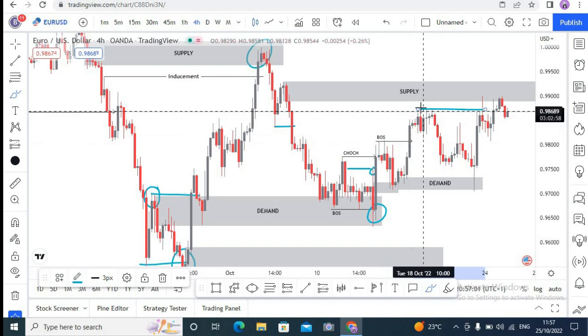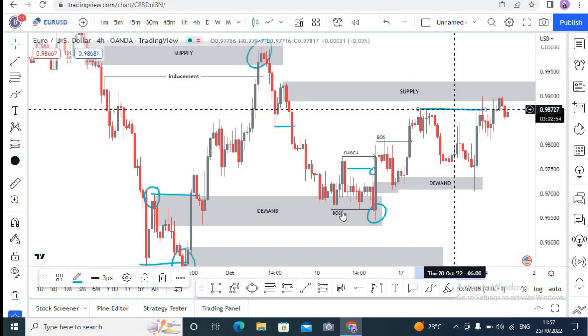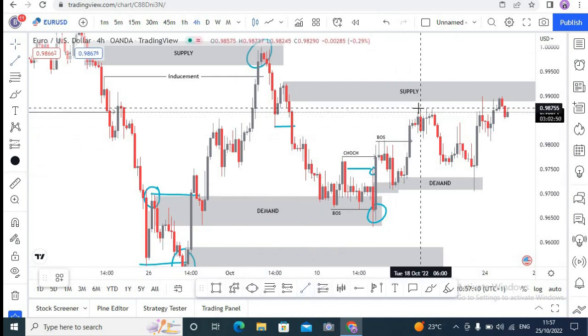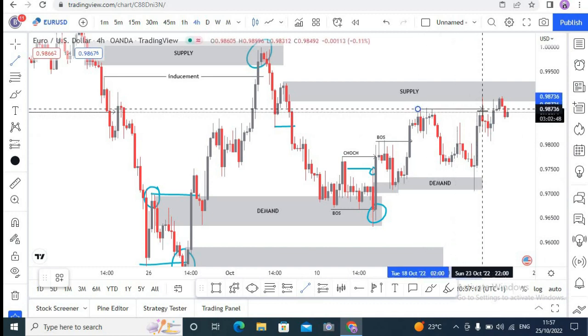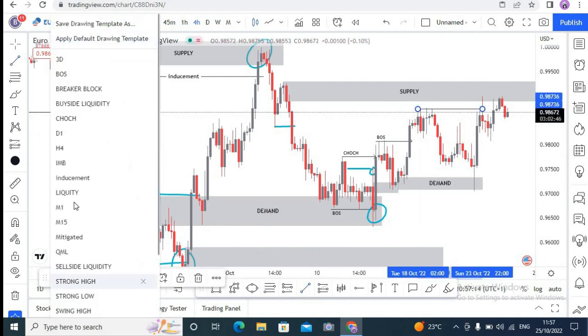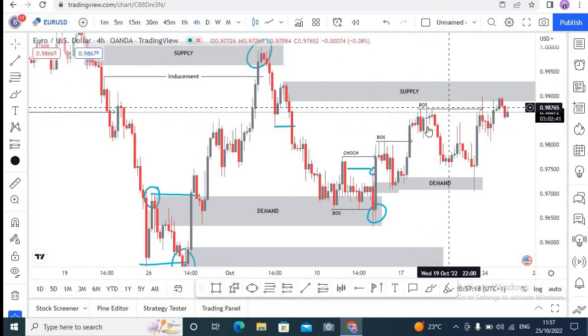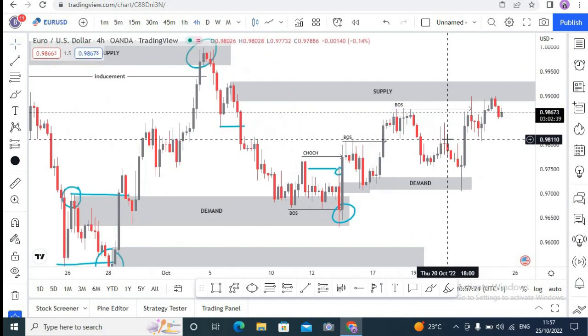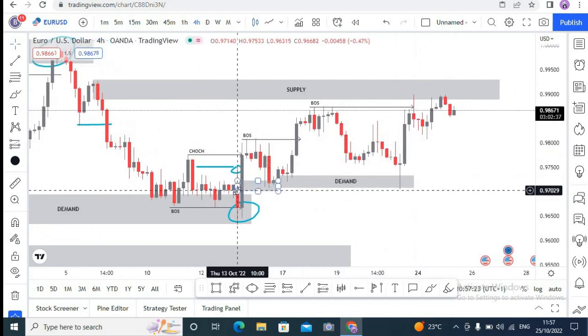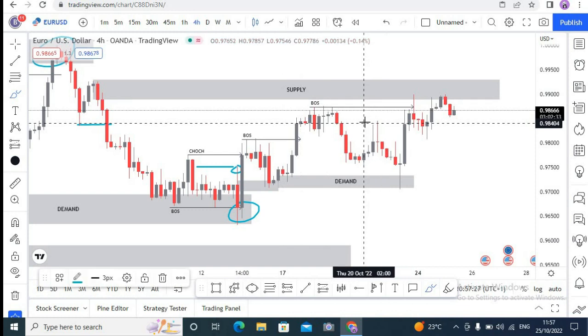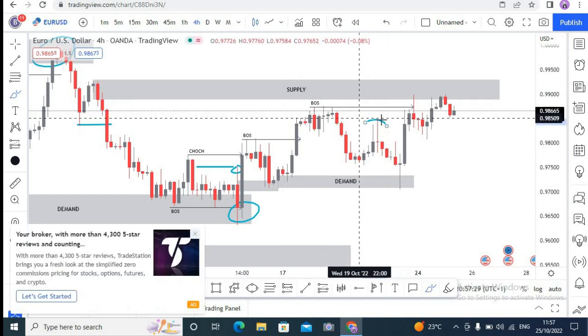But before that, you can see that the price has now given us a new breakout structure. Let me just delete this so that our chart will now become clean. So you can see we have a new break of structure right here, right? For you to trade from this break of structure, you have to look for a breaker block. You can see clearly, as I said, that we did have this supply zone area.